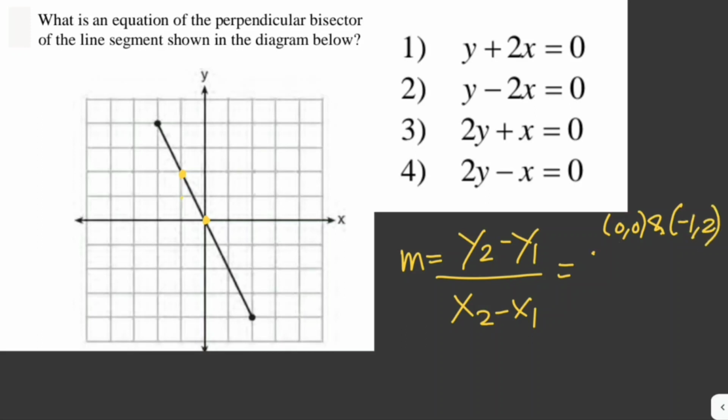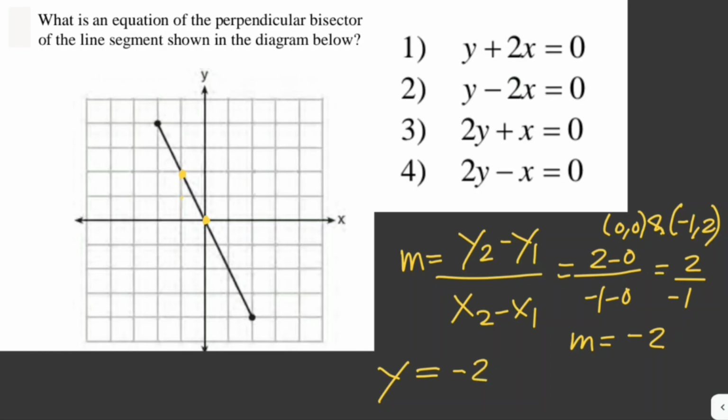So that would be 2 minus 0 over -1 minus 0. So the slope is just 2 over -1, which is equal to -2. So the equation of that line is y equals -2x plus b.